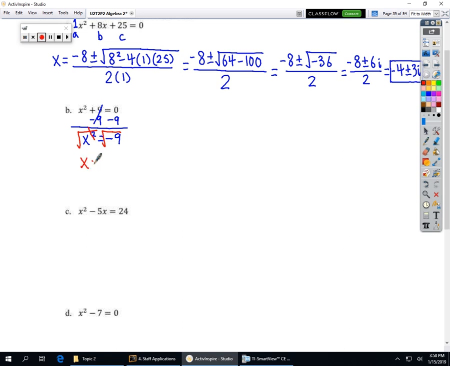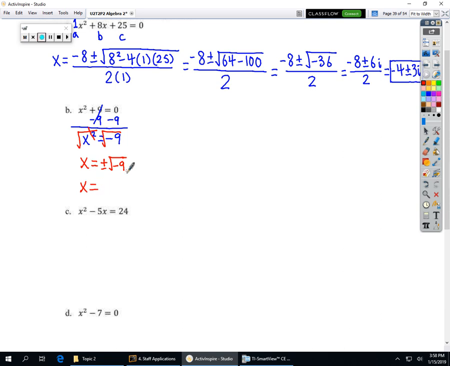Remember, when you do use square roots, there's always two answers. You can't just leave it as square root of negative 9. Plus or minus square root of negative 9. Again, square root of negative 9, it's technically correct, but it's not written correctly. So we've got to change this up, meaning I need an i somewhere.